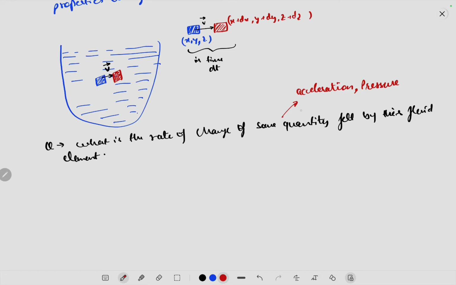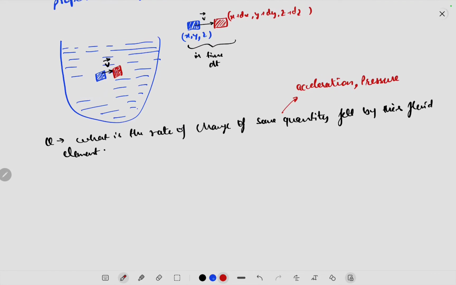So this can be some quantity that is changing as a function of time when this particle is moving from here to here. All right.